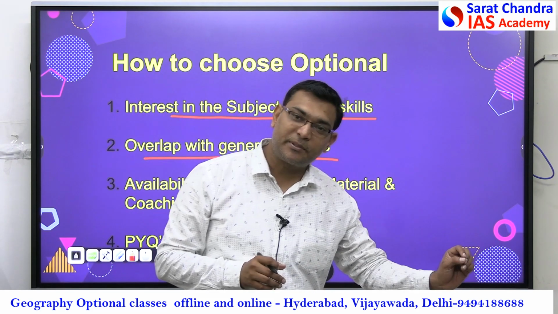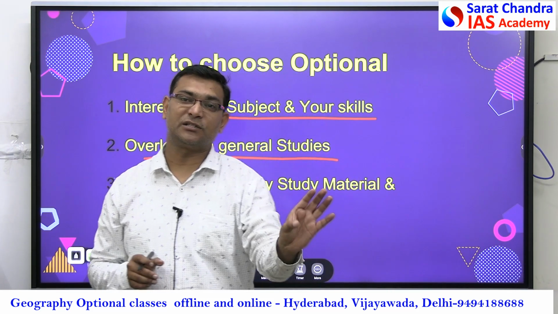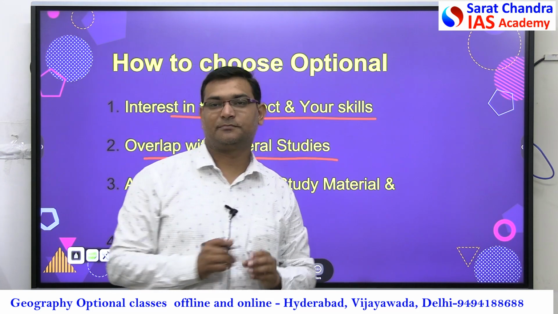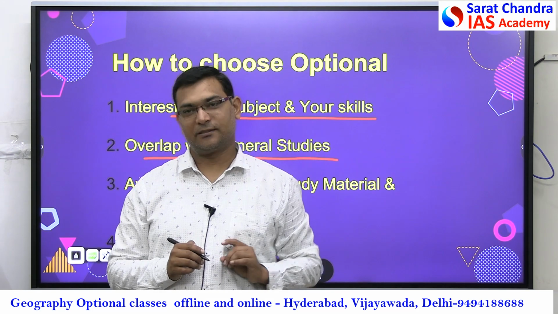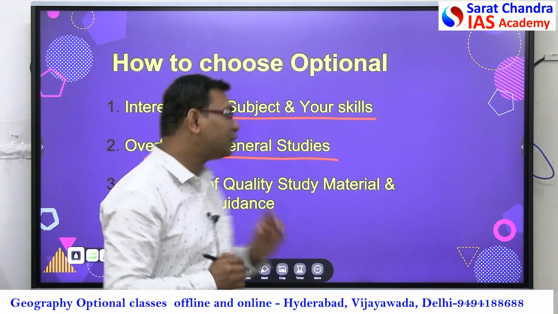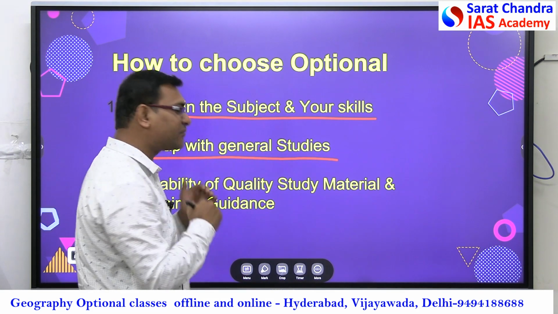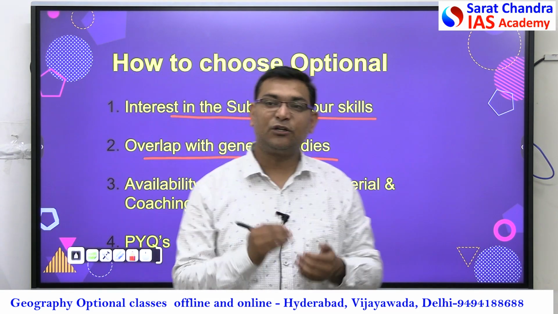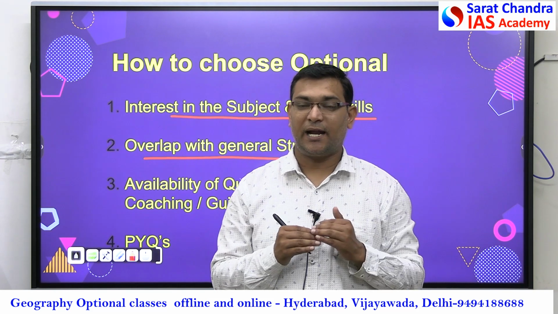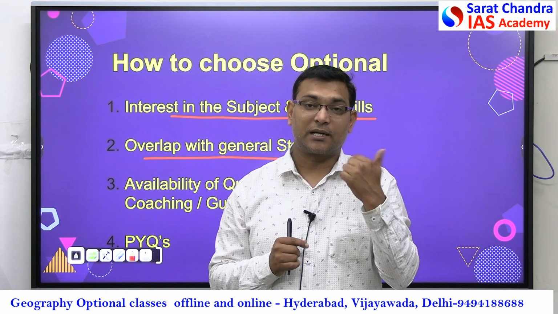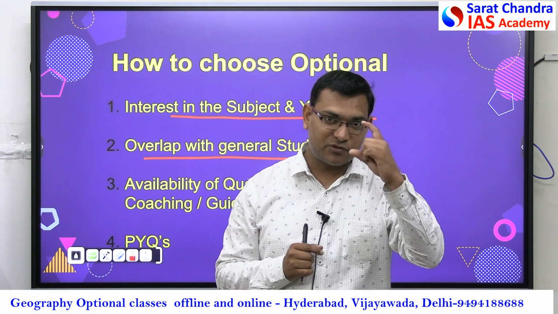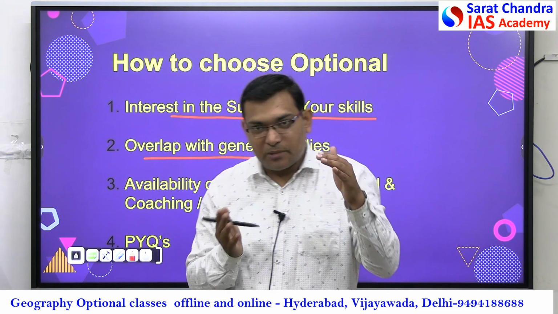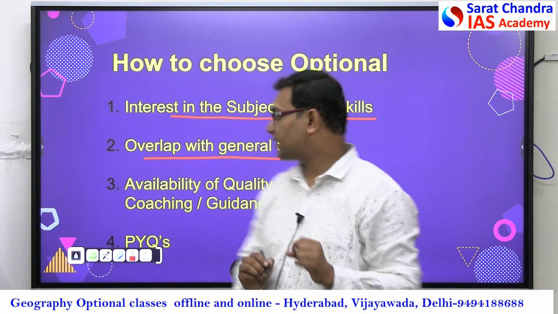That means 25% to 30% should be completed with the optional. That is the first thing. Is it clear? That's why you need to choose the optional which overlaps with general studies, so that your time and energy are saved and the syllabus is reduced. Number one, clear?